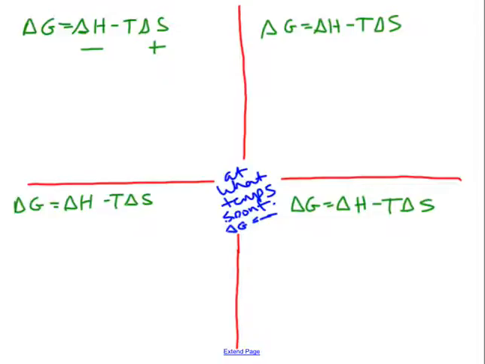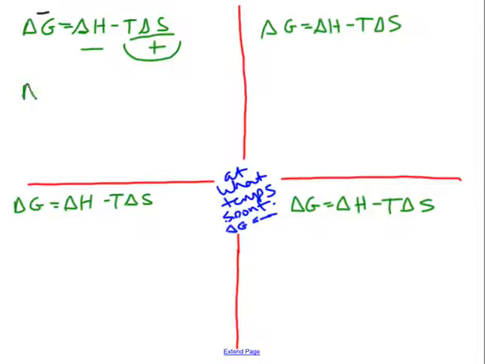All right, so what we're going to do is predict at what temperature range the delta G will be negative, because that's what we're looking for. You have to keep in mind that Kelvin temperatures are never actually negative. So if I have a negative here and I'm subtracting this term, which is always positive, when will delta G be negative?